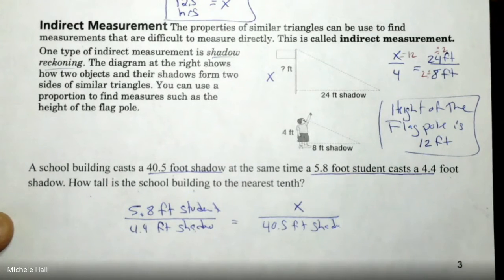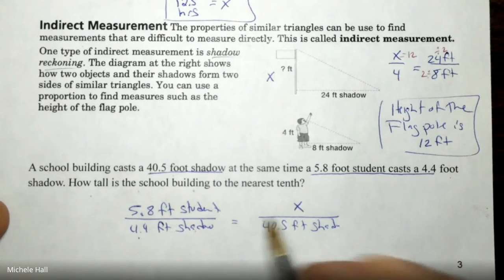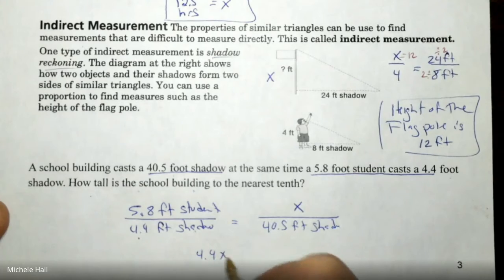Again, you're going to cross multiply and solve. 4.4 times x is 4.4x.